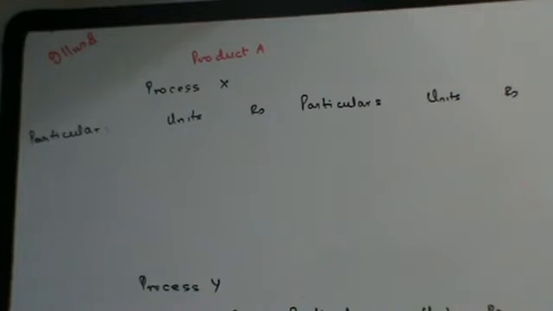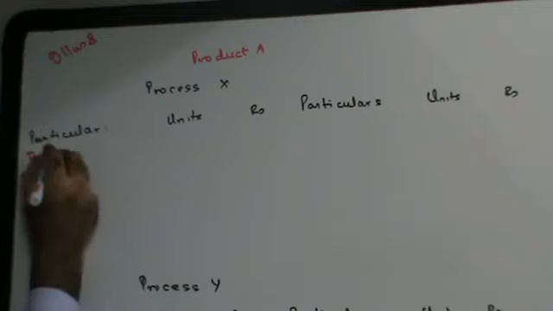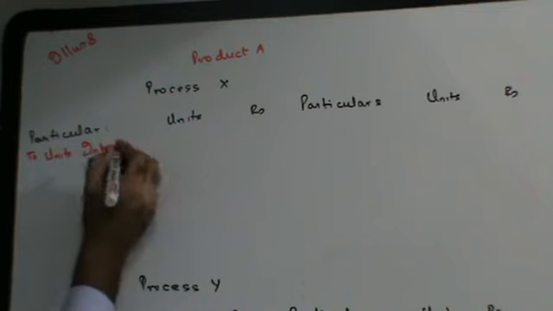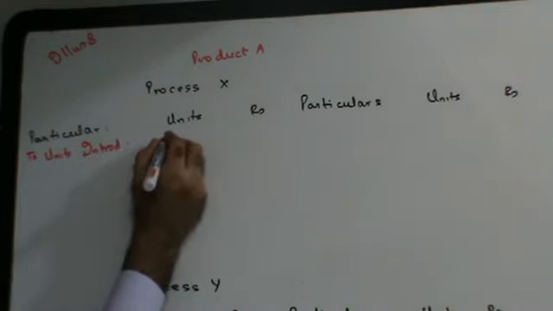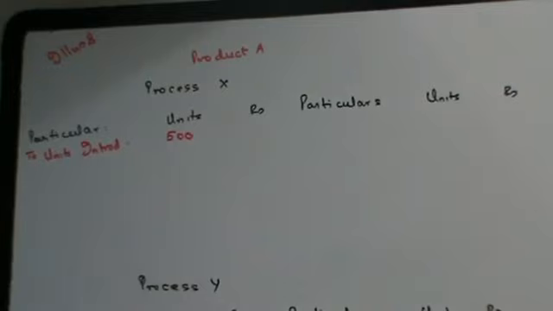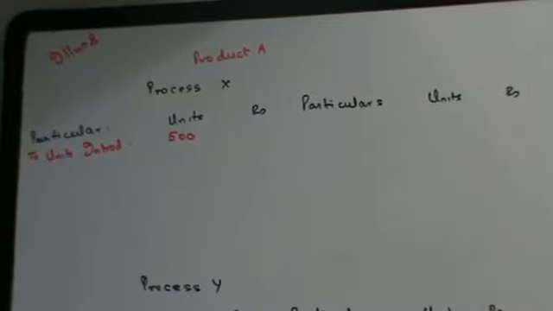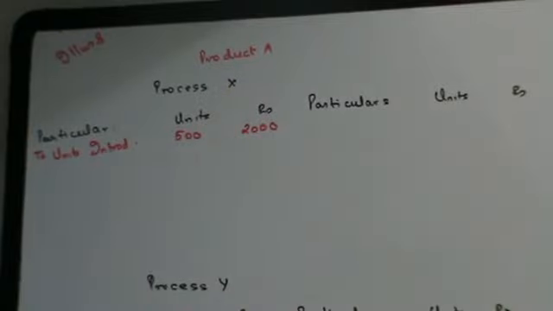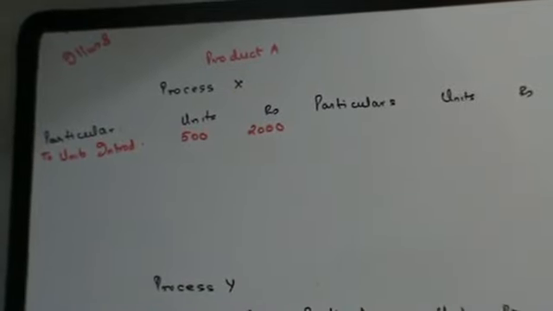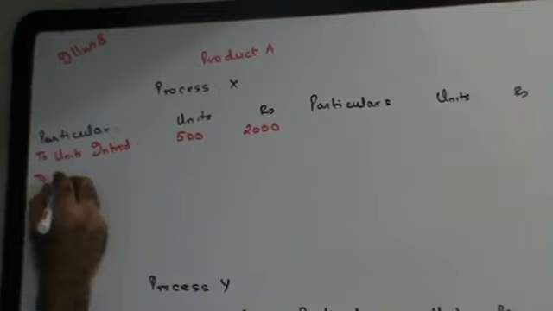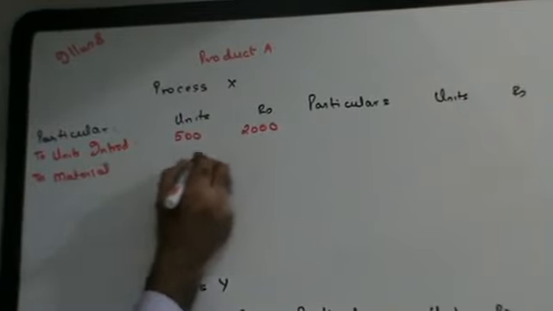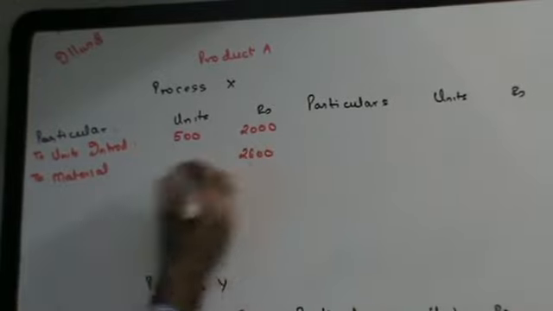Let's start with the sum. The number of units introduced in the process: they are saying that 500 units have been introduced. The cost of the unit is given to you as 4 rupees. 500 into 4 is 2000 rupees. Fine. Now, to cost of material for process is 2600.